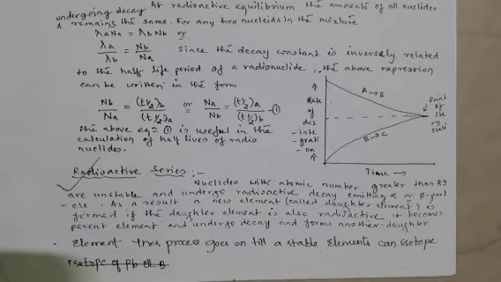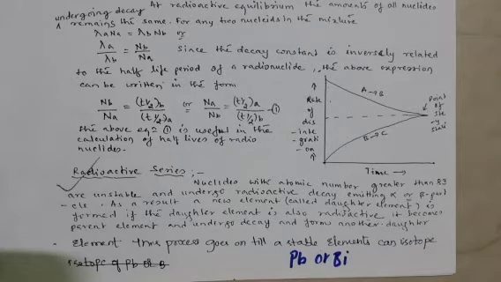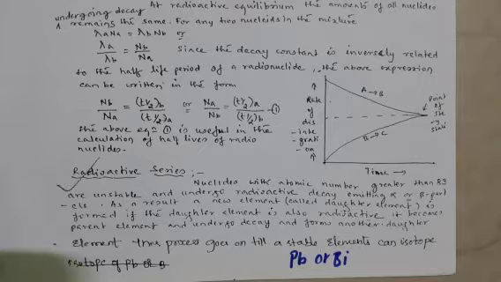This process will go on until a stable isotope of either lead or bismuth is obtained. So the process of disintegration of the radioactive element continues until a stable element is formed, that is either lead or bismuth.